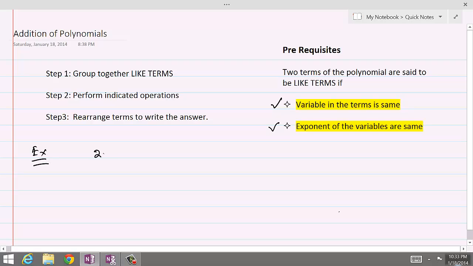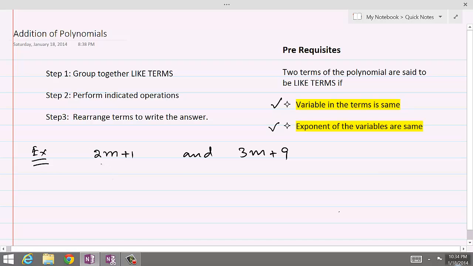2m plus 1 is one polynomial and 3m plus 9 is another polynomial. If we want to add them up, we can adopt a strategy just like the one we already indicated: group the like terms.